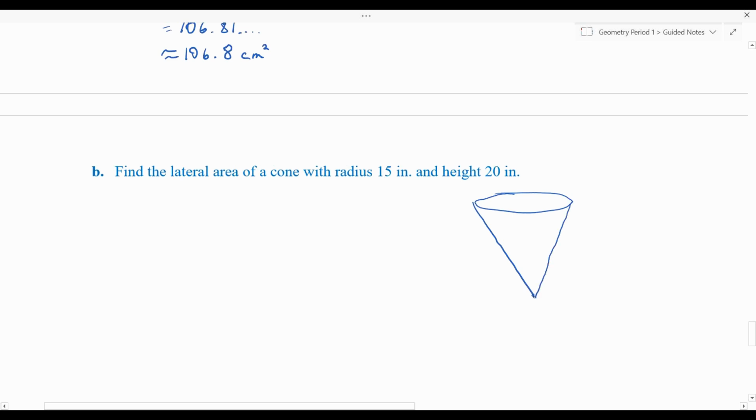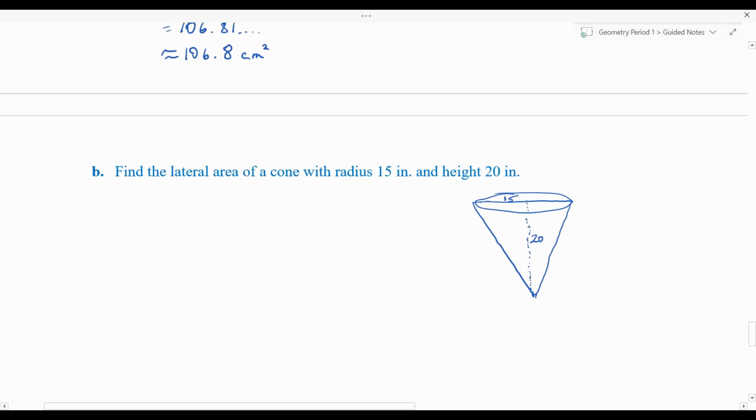It tells us what the radius is, so at least we know what the radius is. That's my height. It tells me that the height is 20. It tells me that this length over here, the radius, is 15.